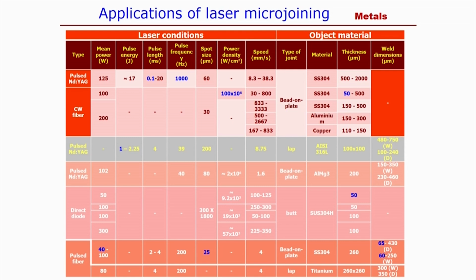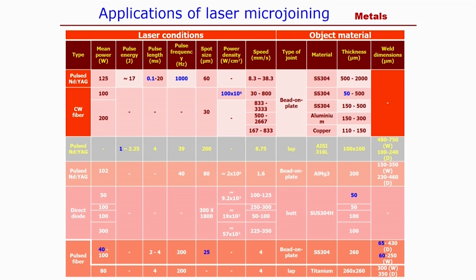So, if you observe the joining of metals using the pulse laser welding process, from the pulse length we can find that in most cases we use a millisecond pulse for microjoining processes specific to metallic materials.